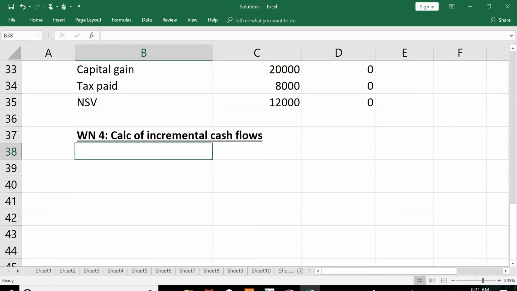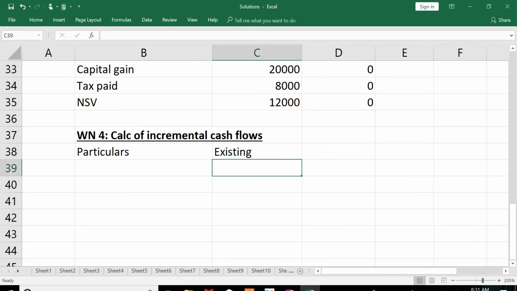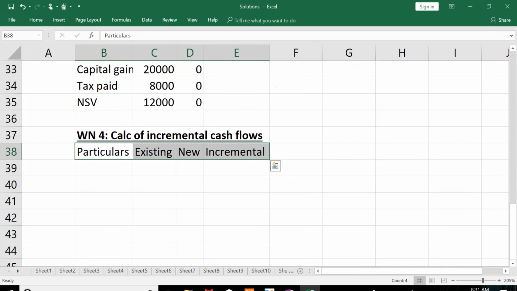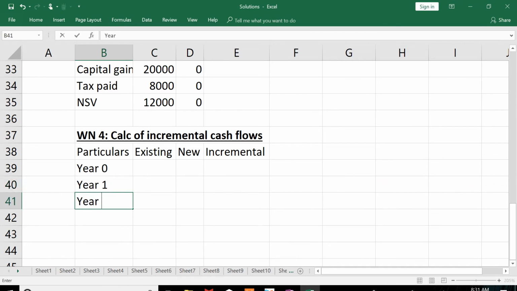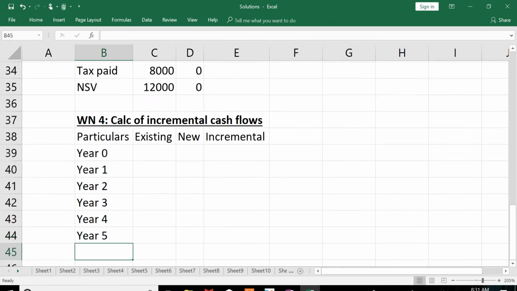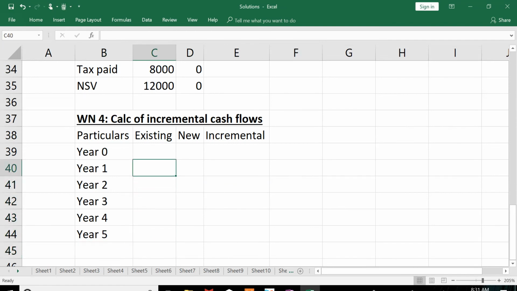Calculation of incremental cash flow: particulars, existing, new, incremental. You can write it separately for all the 5 years, because the amount is going to change in a few years.